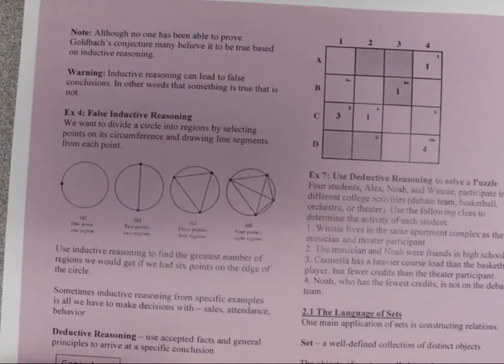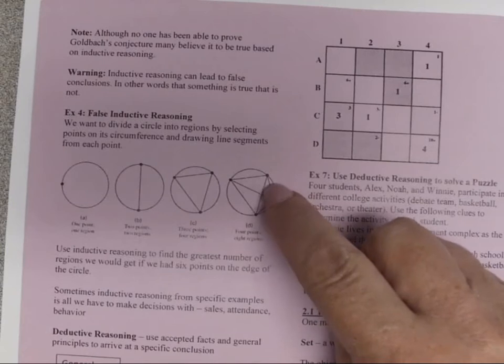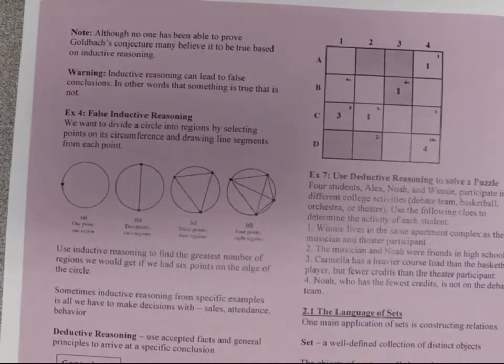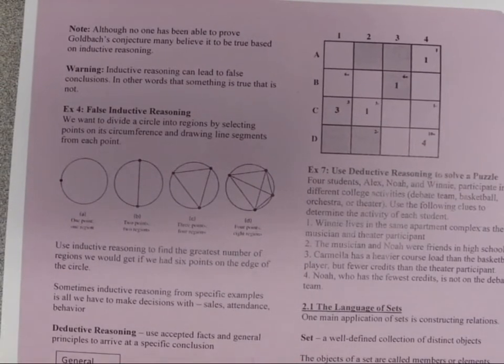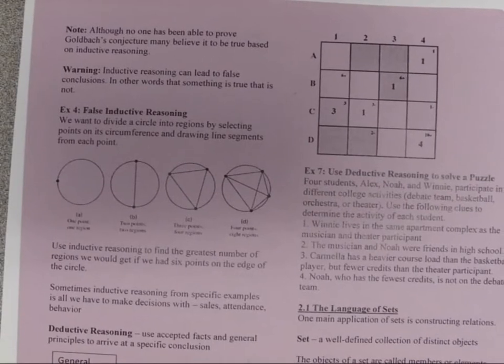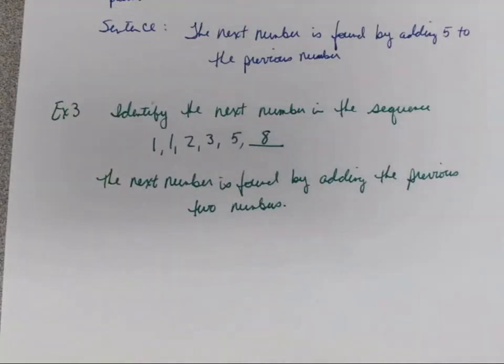If I put on 4 points, I end up with 8 regions. 1, 2, 3, 4, 5, 6, 7, and 8. So we're going to use inductive reasoning to find the greatest number of regions we could get if we had 6 points on the edge of the circle. Now sometimes inductive reasoning from specific examples is all we have to go on.